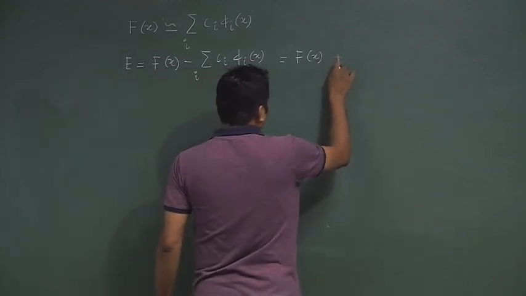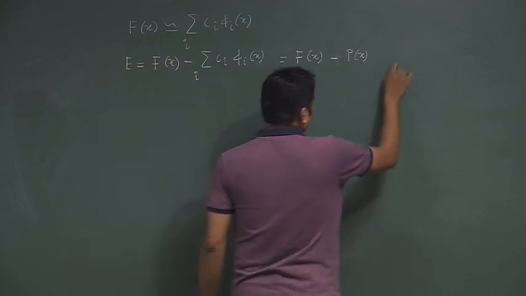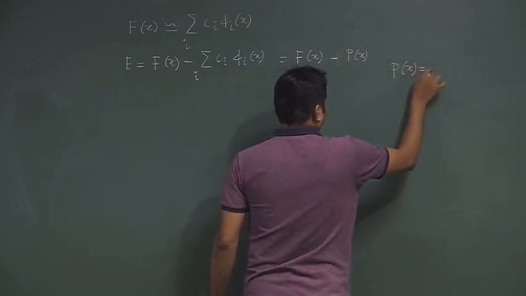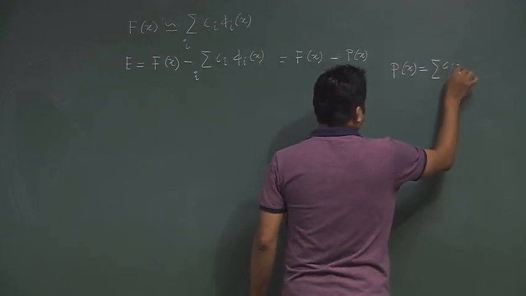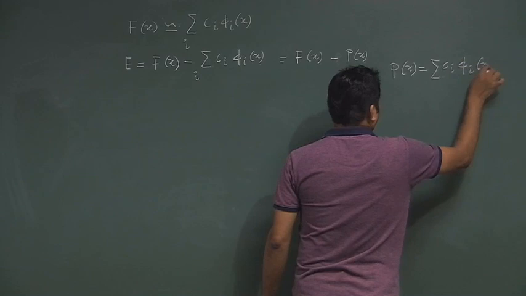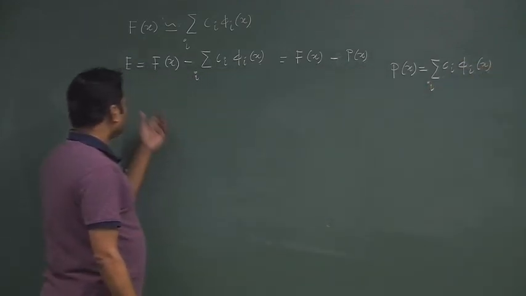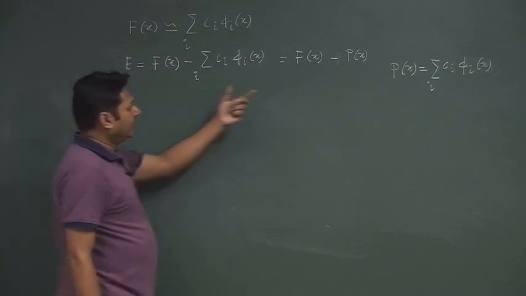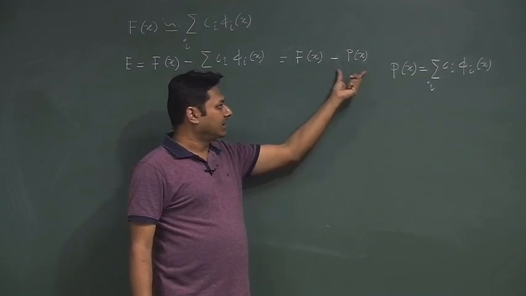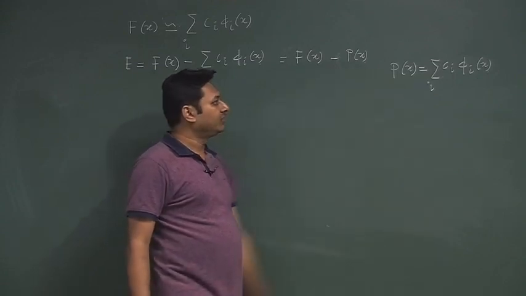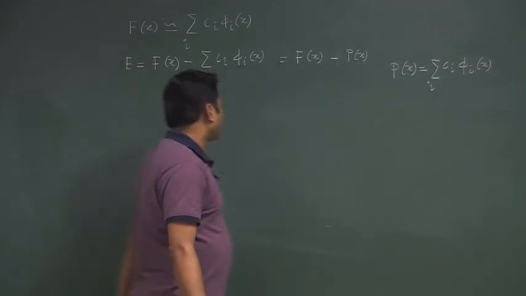I write this function as p(x), where p(x) is the summation over i of C_i phi_i(x). Now, the E function is given by f(x), the given function, minus p(x), another function which is a linear combination of the set of functions which are orthogonal to each other, which we called the basis.